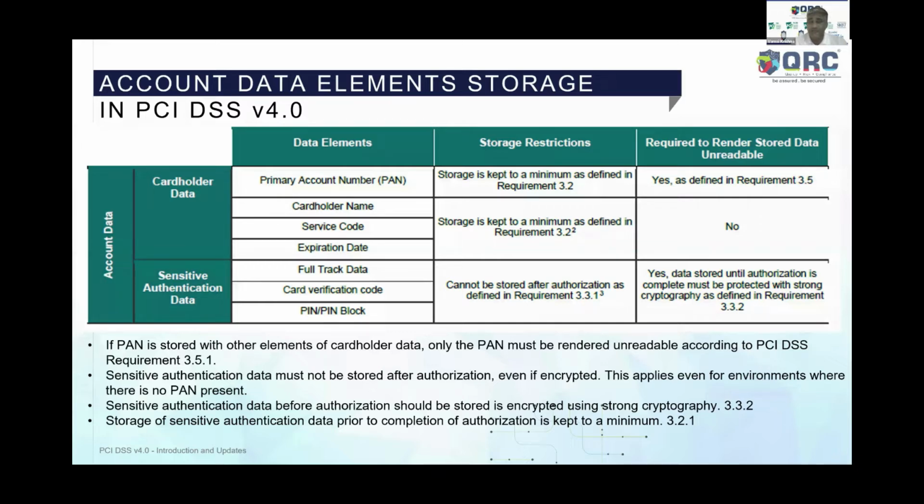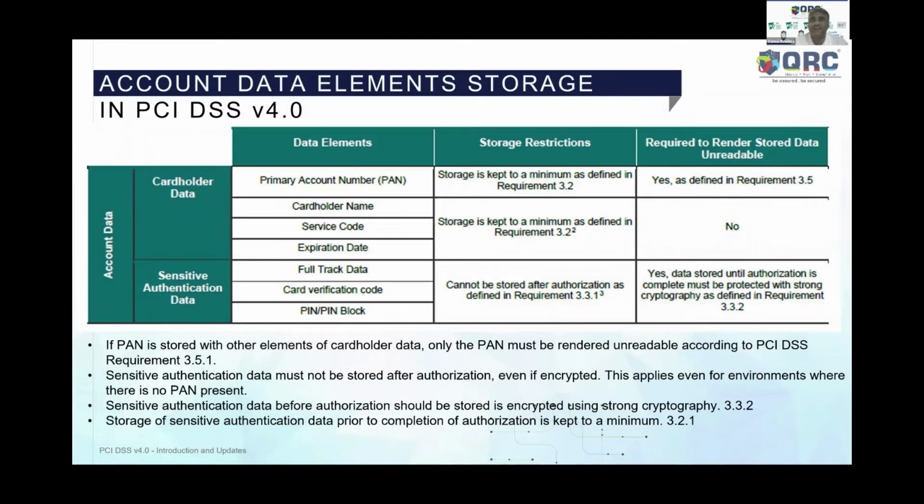PAN should be rendered unreadable according to PCI DSS, this is the latest 3.5.1. Sensitive authentication data must not be stored after authorization, even if encrypted. This is the earlier statement only. However, this now applies even to environments where there is no PAN data present, because of the clarification they have provided. Earlier, we used to get questions like, we are not using PAN, so why should we not store SAD, such as CVV, a three-digit number, even if I don't have the PAN?